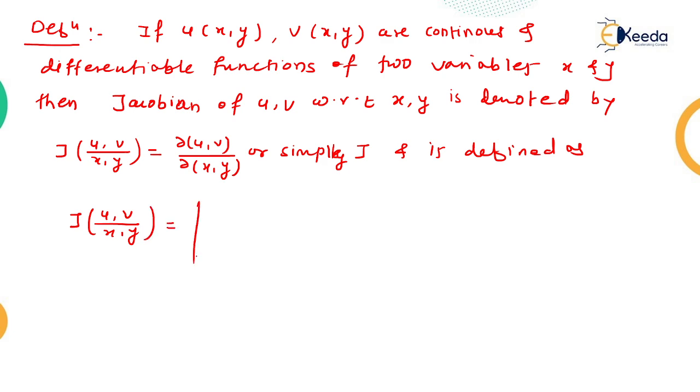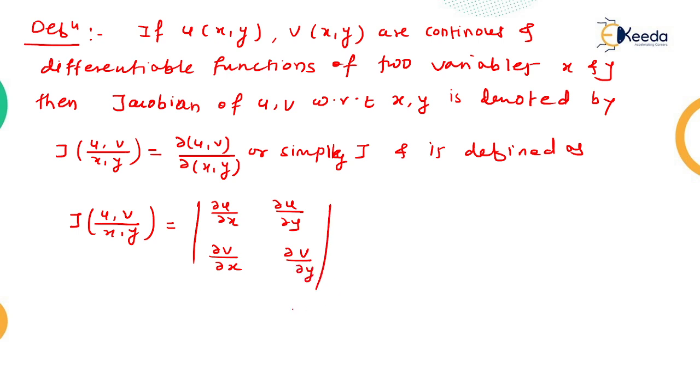This is given as a determinant of: del u divided by del x, del u divided by del y. In the second row you have to write del v divided by del x, and next del v divided by del y.